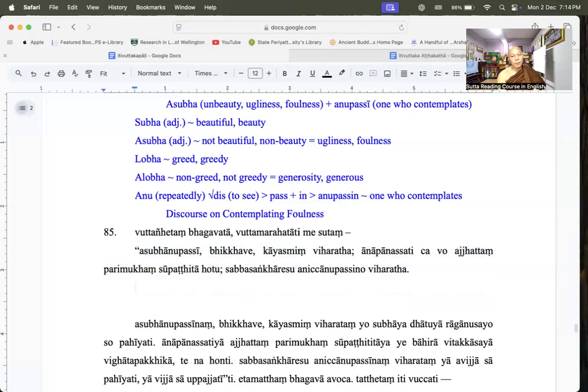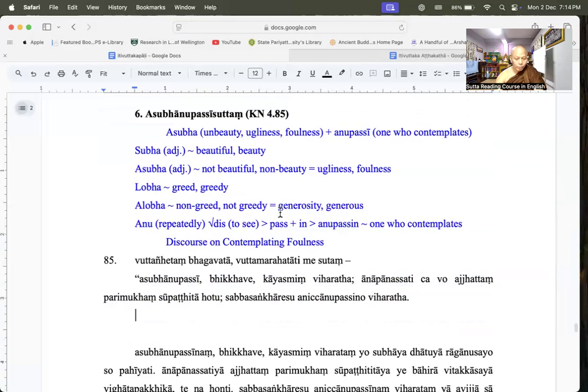So the word Asubhānupassī comes from Asubha and Anupassī, you see. Anupassī is a consonant-ending noun, and it can be declined. Anupassī can be singular as well as plural. So whether that one is singular or plural, we can align it with the verb. Here we have the ending tha, second person plural.